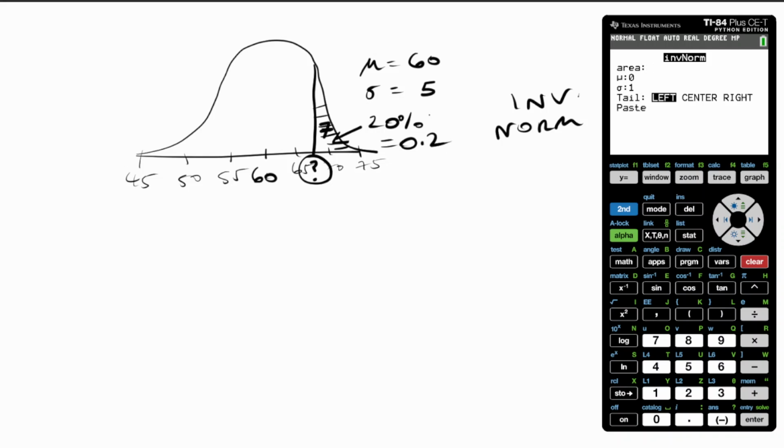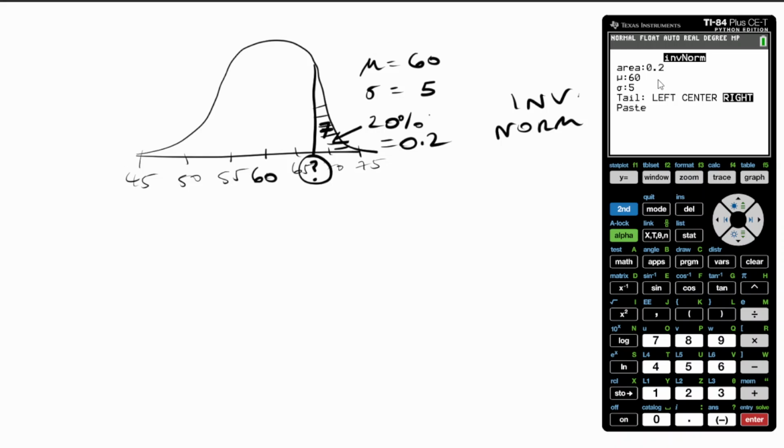So don't put 20 like I just did. You have to put 0.2 as a decimal. The mean mark was 60 and standard deviation was 5. Now this thing, left, right, center, because the probability that we're telling the calculator is to the right of the point we're interested in, we need to choose right.